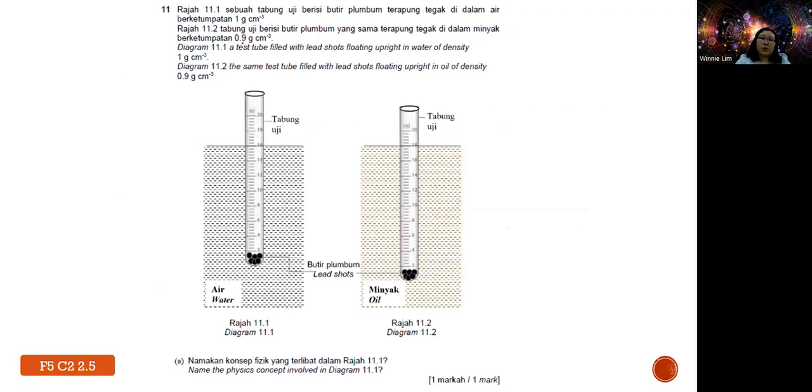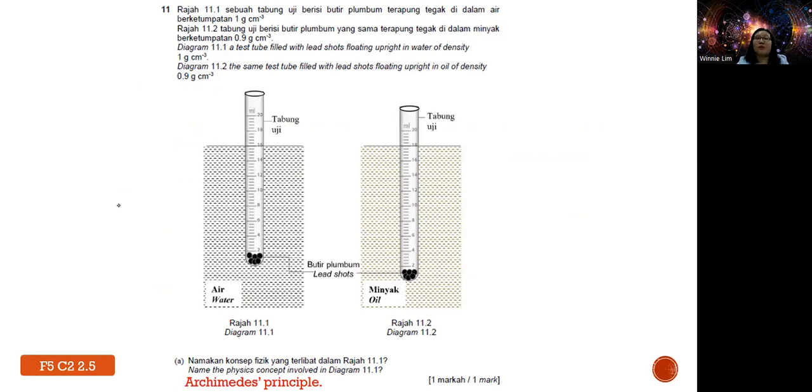Okay, last question, question 11. Diagram 11.1, a test tube filled with lead shots floating upright in water of density 1 gram. And then 11.2, same test tube, but now floating in oil instead of water. Okay, so what is the concept involved? Archimedes' principle.